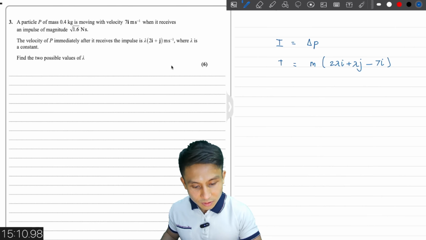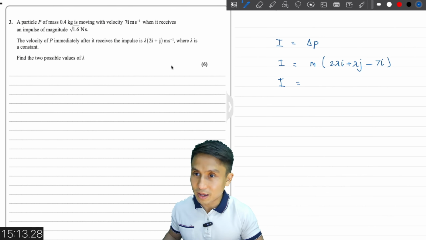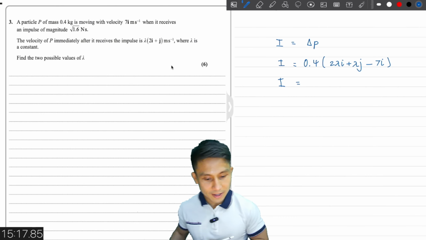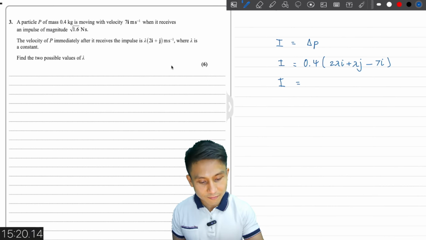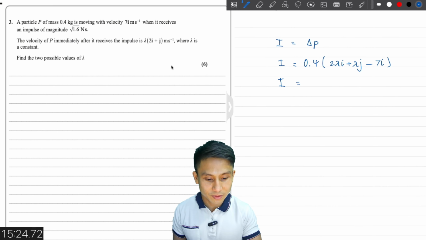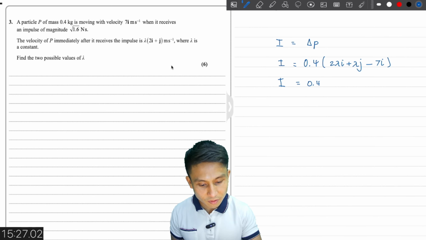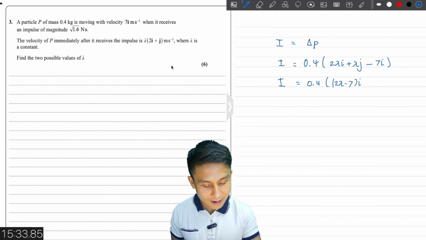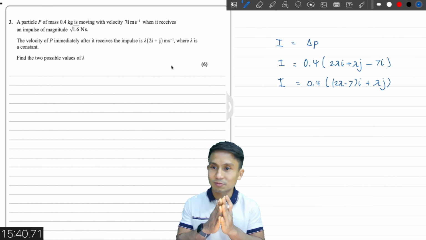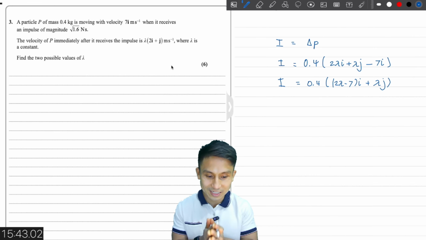Then we have impulse here. So I'm just going to find impulse first in terms of m and everything, and change that to 0.4 already. We've got to be careful with the i and the j here. So it's 0.4 times (2 lambda minus 7)i plus lambda j. And then this impulse has a magnitude of square root 1.6.